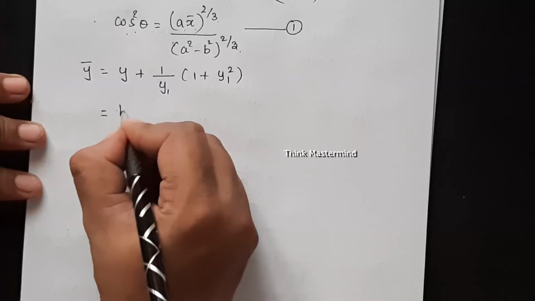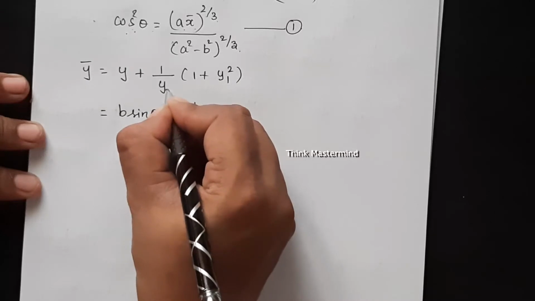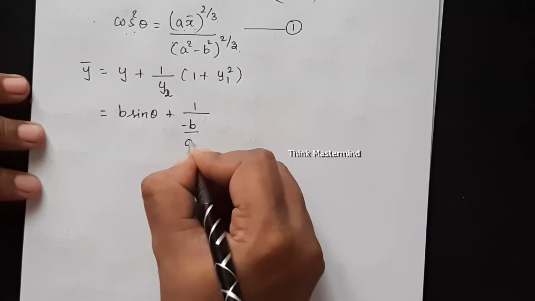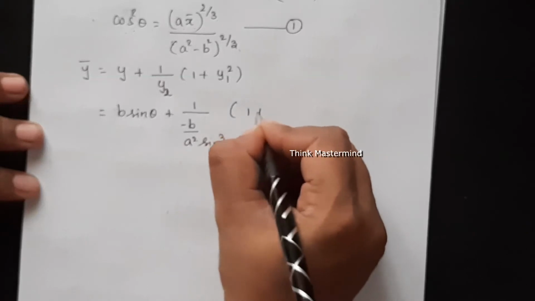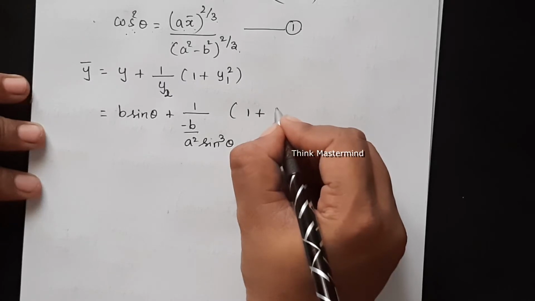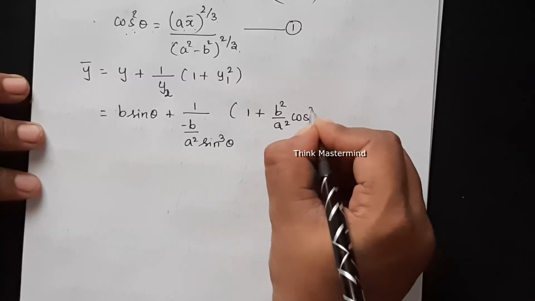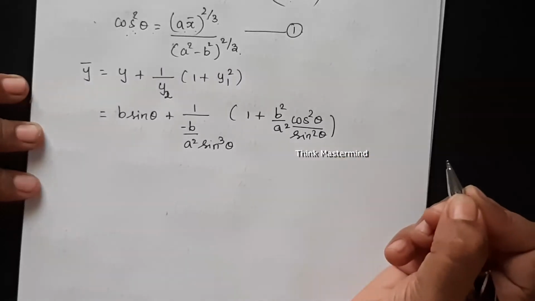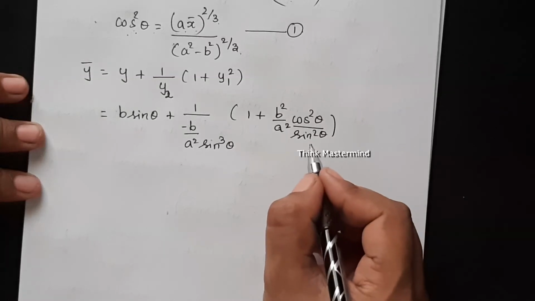So the y is equal to b sin theta plus 1 by this y2. So y2 is minus b by a squared into sin cube theta into 1 plus b squared by a squared cot square theta, and the cot theta can be written as cos theta by sin theta.